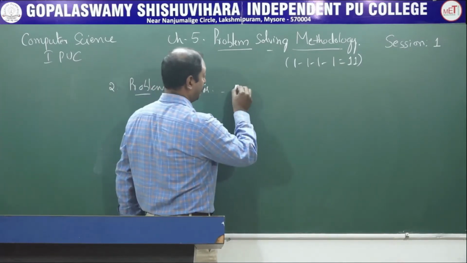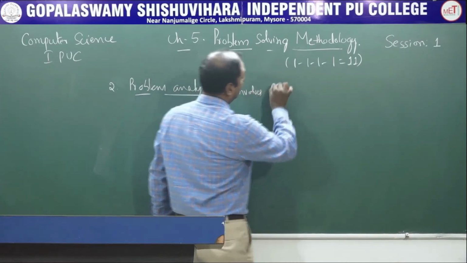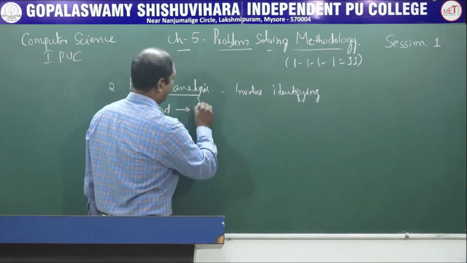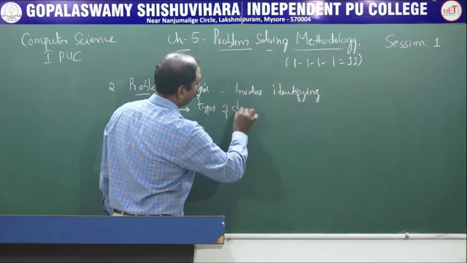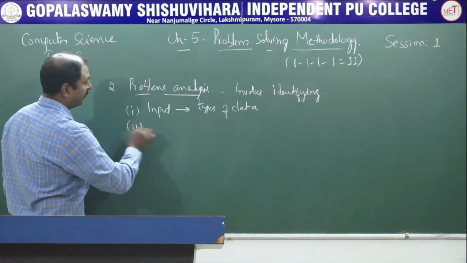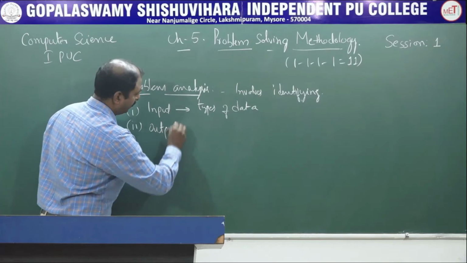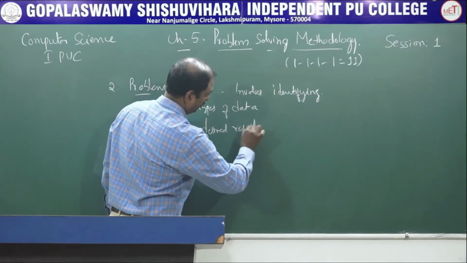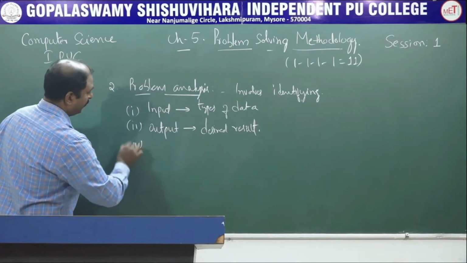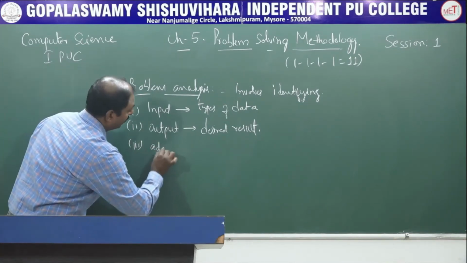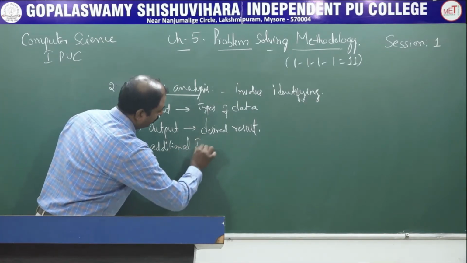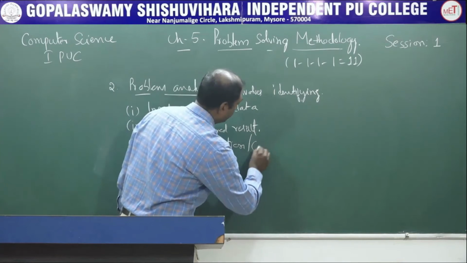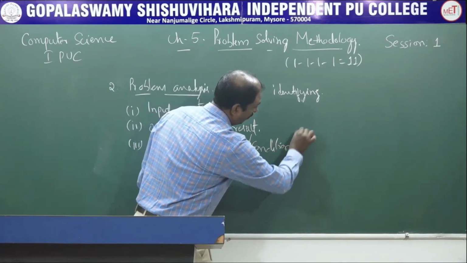Problem analysis involves identifying, one, the input or types of data; second, what is the output, which is nothing but the desired result; and third point, additional information or some conditions or constraints involved in a problem.